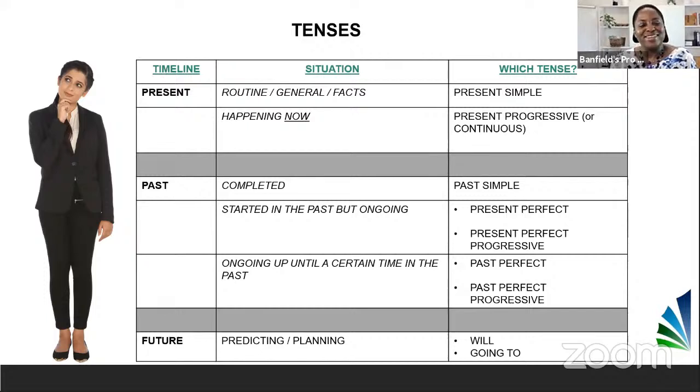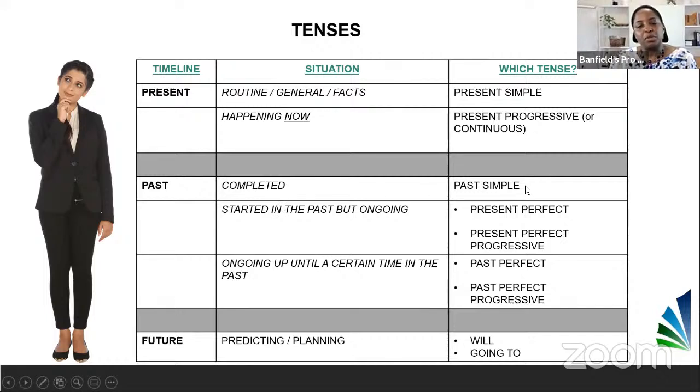Last year's done, it's over. Okay, I turned on my computer this morning at 5 minutes after 8. I turned on, that's a one-time event. Yes, I know I'm still on the computer, but the actual turning on happened at 8:05. Okay, simple past tense.